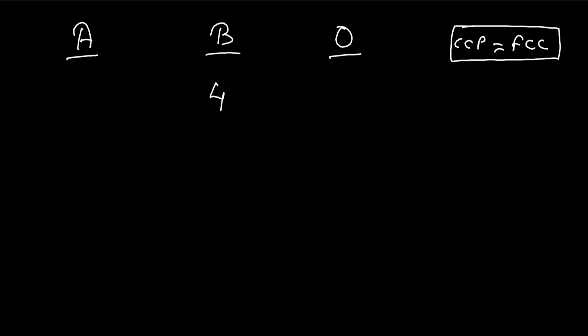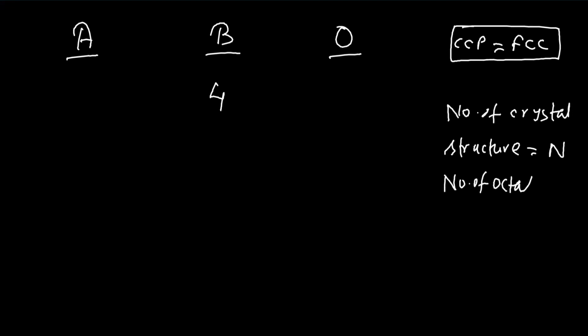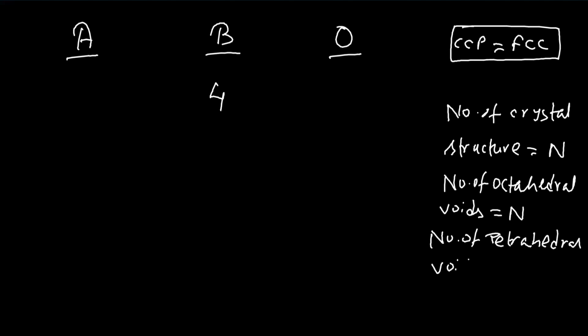Now we know if the number of lattice points, or you can say number of crystal structure units, is equal to n, then the number of octahedral voids will also be equal to n, and the number of tetrahedral voids will be equal to how much? That will be equal to twice n, 2 into octahedral voids. We know this relation.